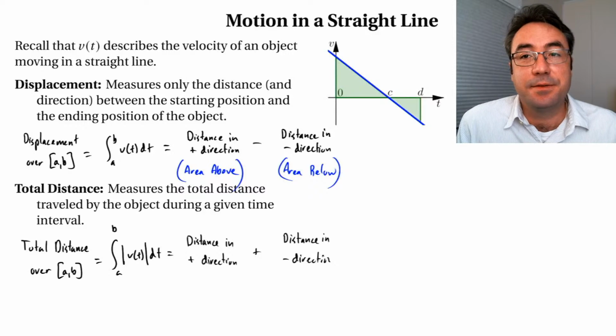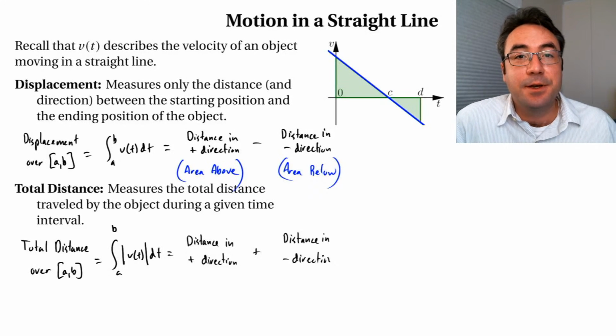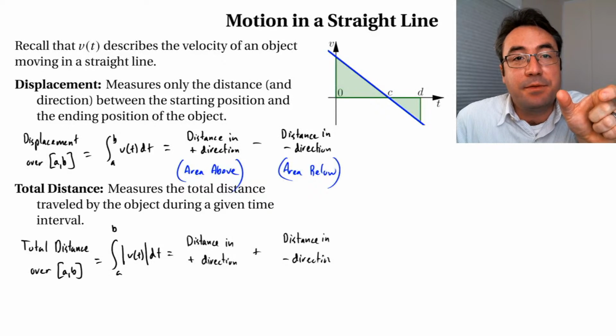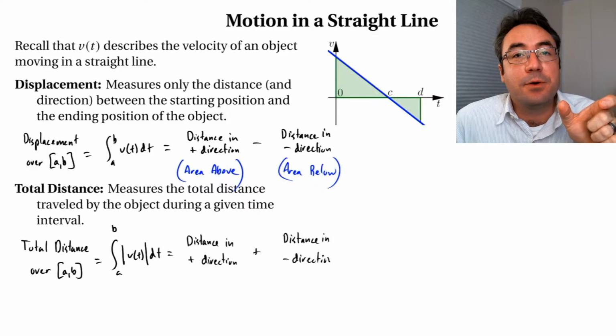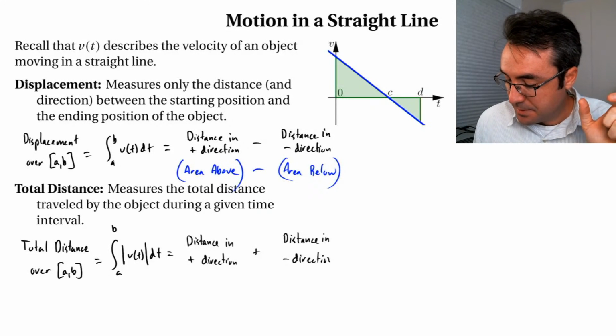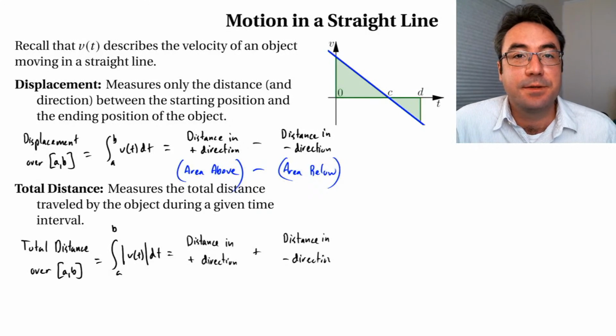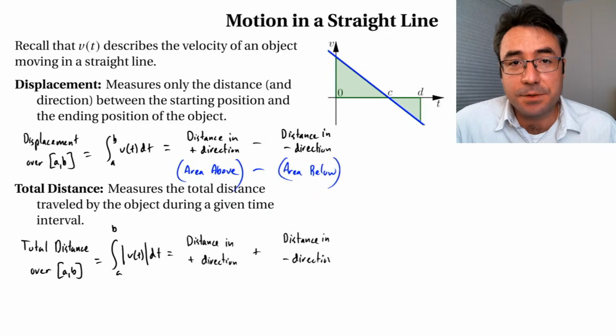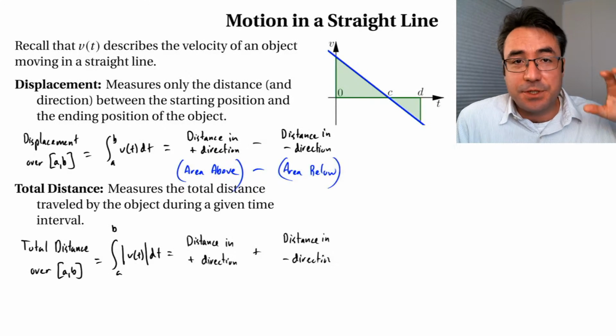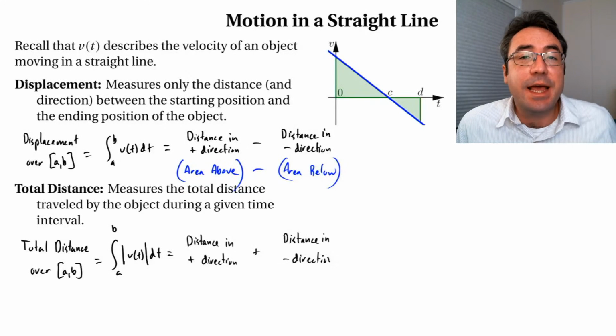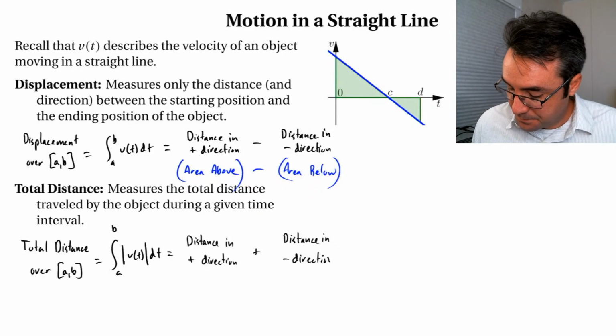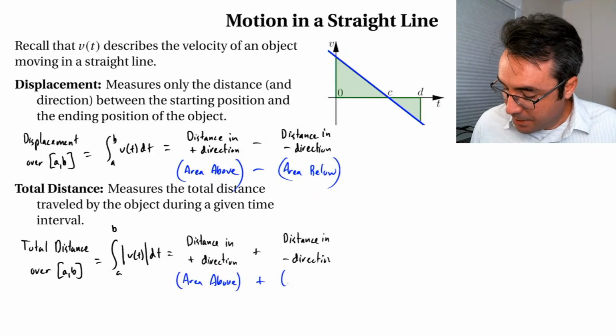So to get the displacement, we can calculate the area above the t-axis, calculate the area below the t-axis, and subtract. And then for total distance, we're looking at those same two areas, but then we just add them together. So it's the area above plus the area below.